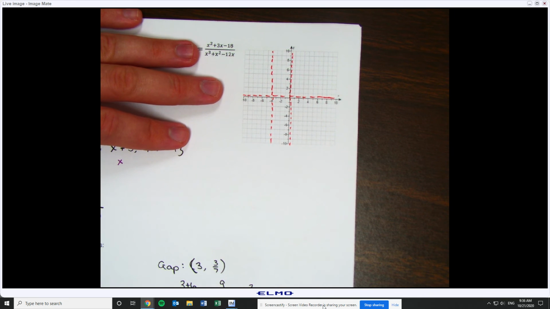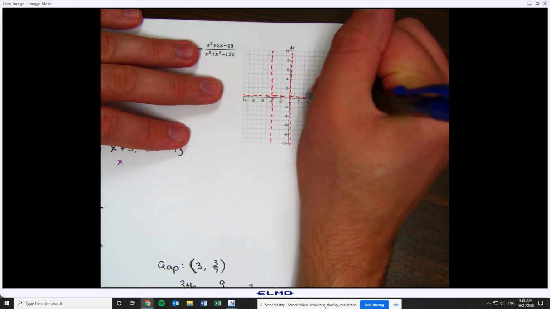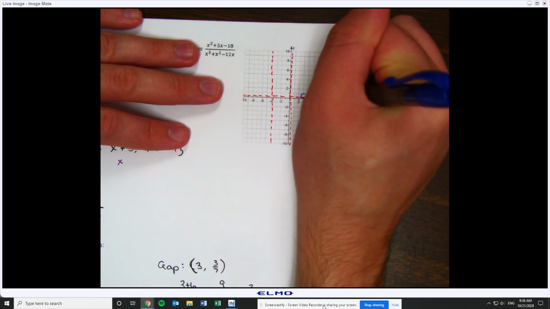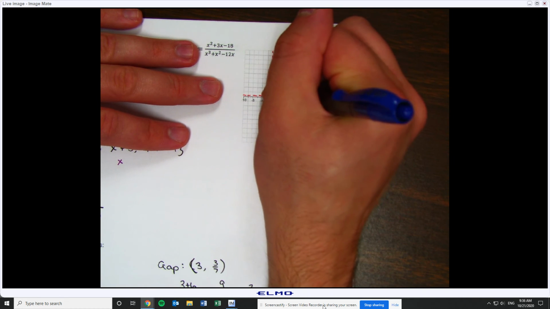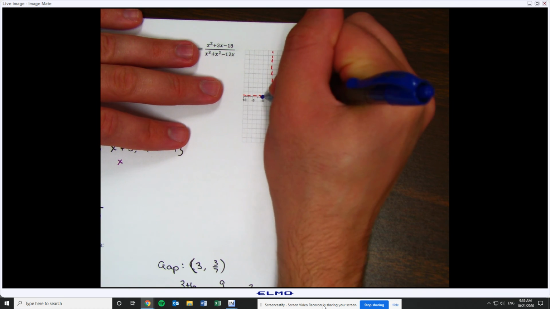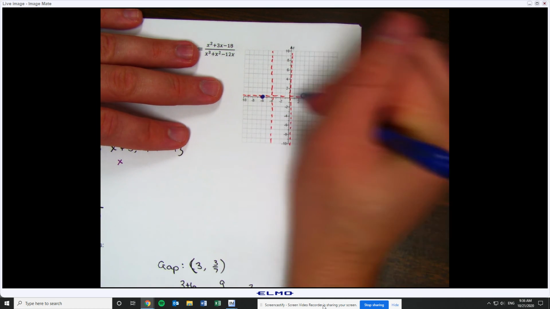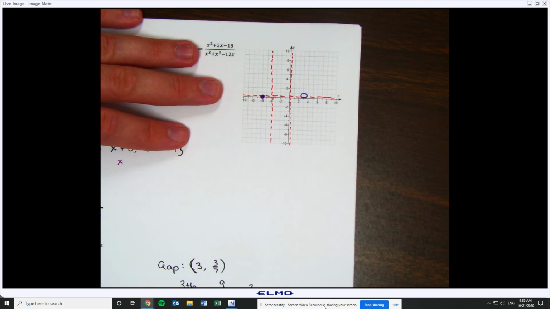Now I can go through and plot any intercepts or gaps. I see that I have a gap at 3, 3/7. So that one is approximately about right here. So I'll put my open circle. Then my x-intercept, I have -6, 0. And remember, we can cross through a horizontal asymptote, so having a point right there is not an issue.